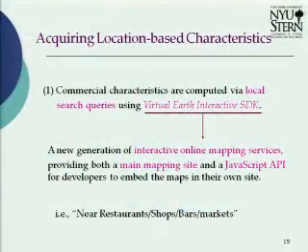Specifically, we collected the data through 4 different ways. First, Microsoft Virtual Earth SDK, which all of us are very familiar with. And second, image classification, and also MTurk online survey and data collection from online websites. For commercial characteristics, we compute them through local search queries using Virtual Earth SDK.